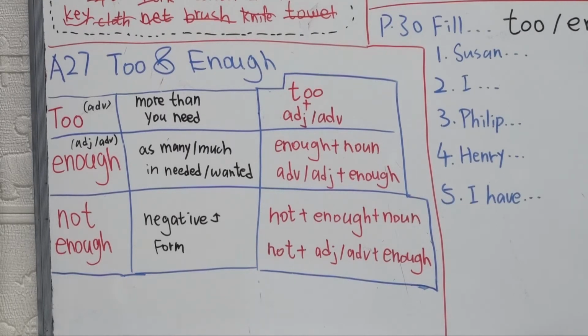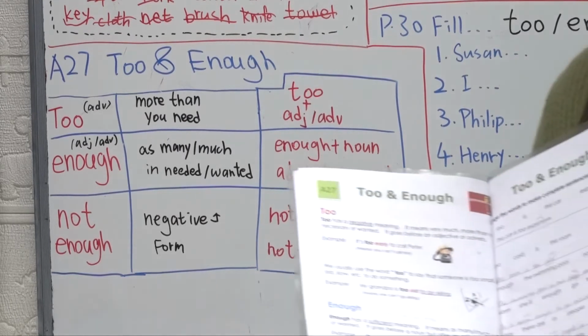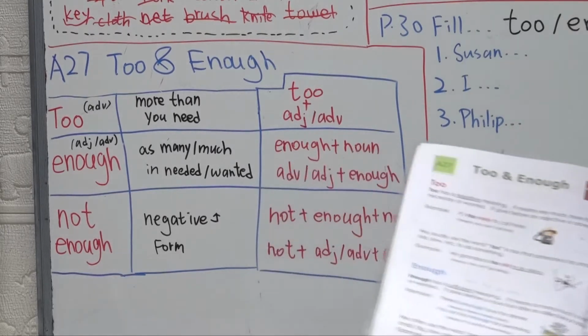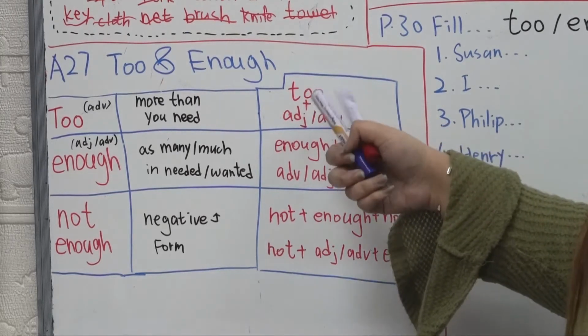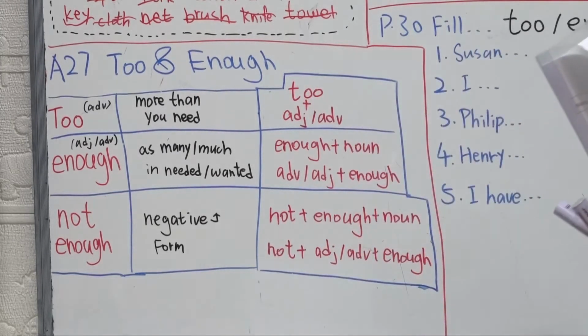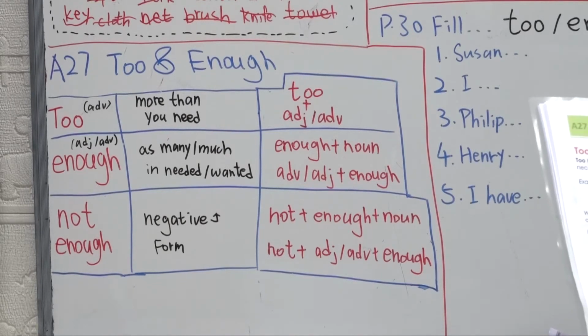It means you can't call Peter because it is too early, right? It has a negative meaning. And then we may use too after an adjective as well, just like here. My grandpa is too old to go skiing. It means he can't go skiing. As simple as that.